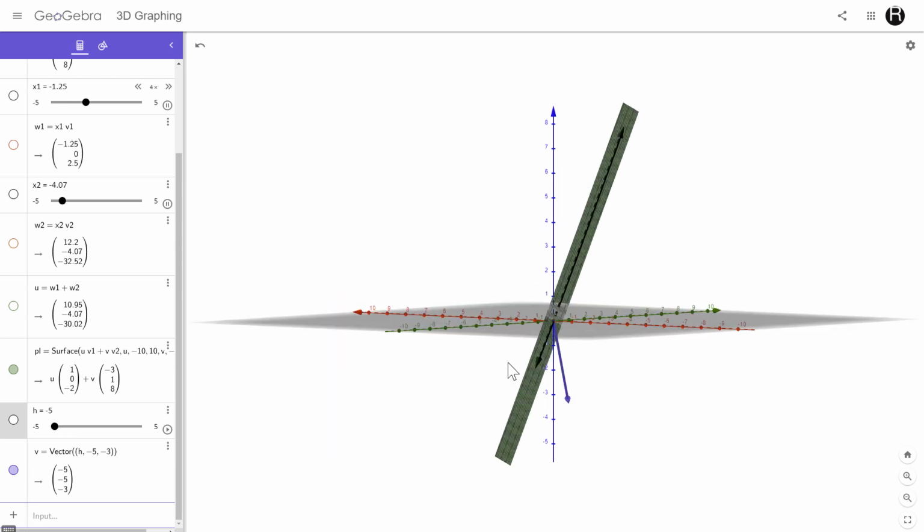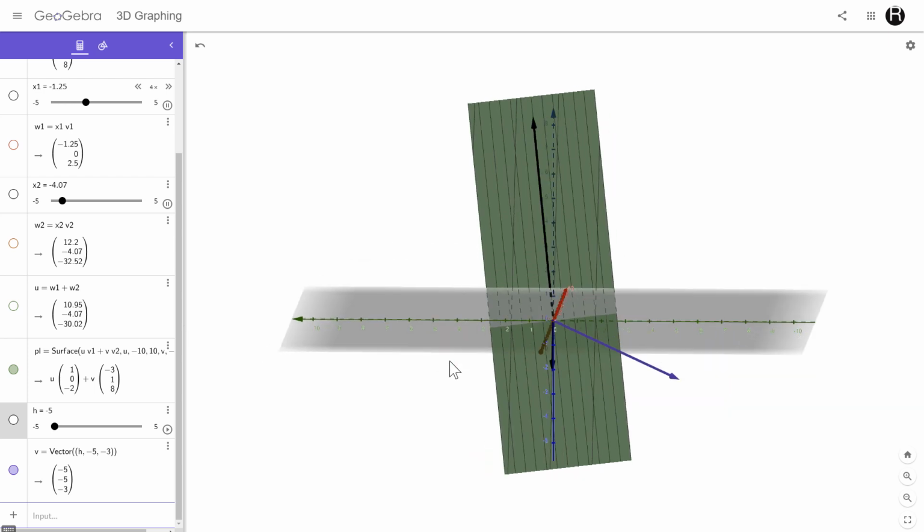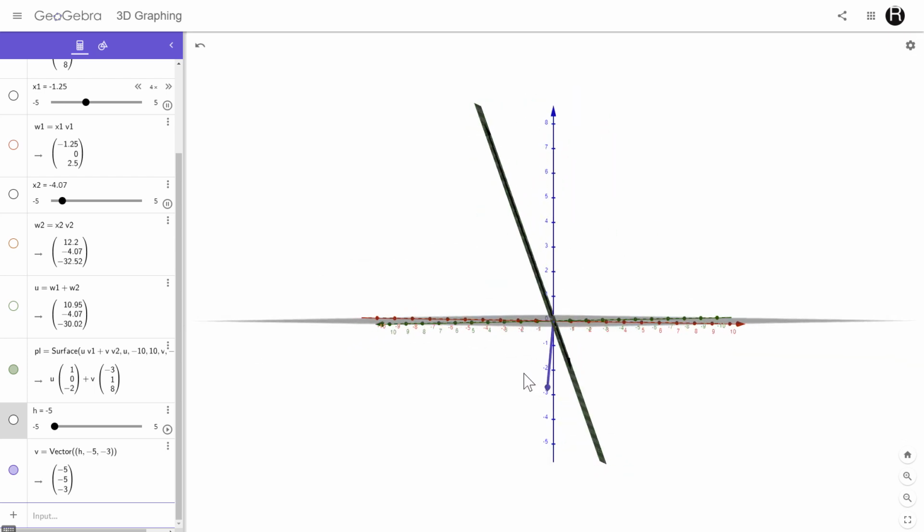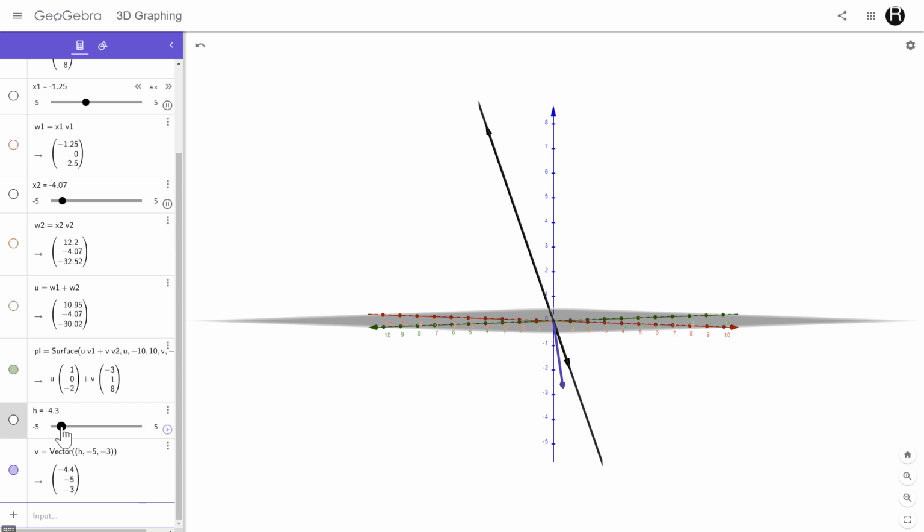So I think we went a little bit over. Let's take a look at it from this angle here. And move h a little bit more, and it looks like right around there the vector is going to be on the plane. There we go. So negative 3.6, maybe negative 3.5.